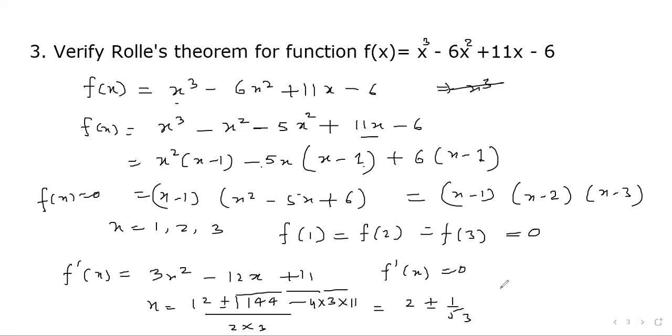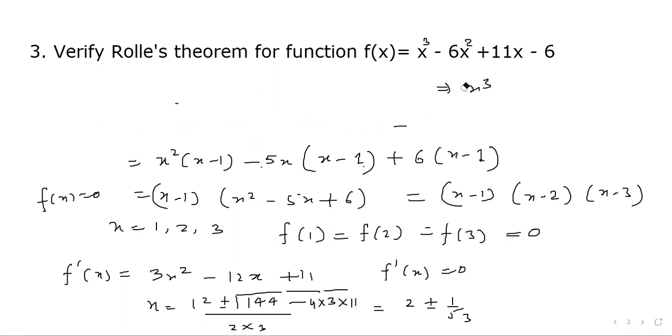Now we have to check the value of x in different intervals. So for that purpose, we write 1 is less than 2 − 1/√3, which is less than 2. So this is one value of c which lies in the given interval.